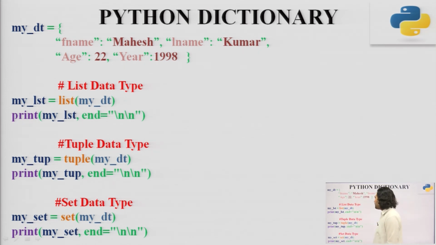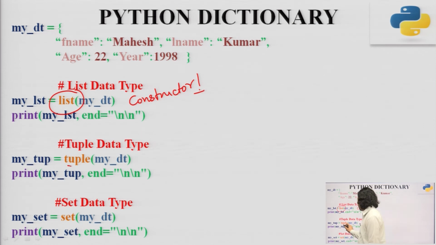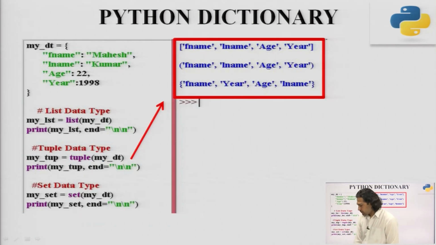The next thing is the data conversion or the casting of the data. So, how the dictionary data type is converted into the list data type by using the list constructor. Similarly, for the tuple constructor, and for the set it is the set constructor. So, here you can see that when we are putting the constructor, what is happening?